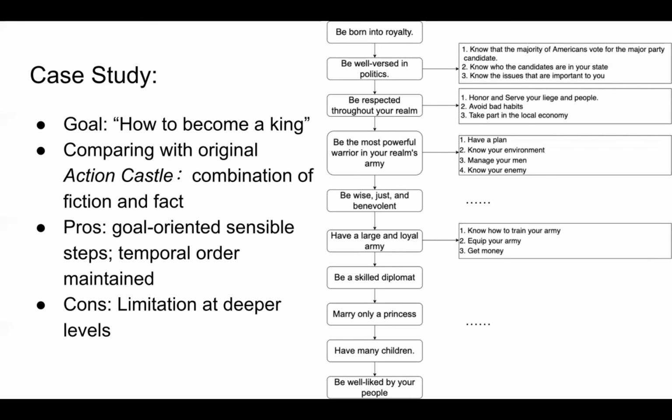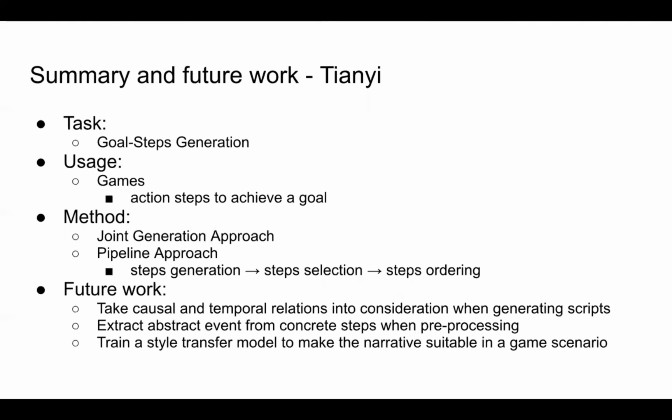For example, the script says in order to become a king, you need first to be born in a royalty, learn to be well versed in politics, marry a princess, and then have many children, and so on. An interesting observation is that compared with Action Castle, our version is more like a combination of fiction and fact. Nevertheless, our models still achieve nice results on these 2 levels of generation.